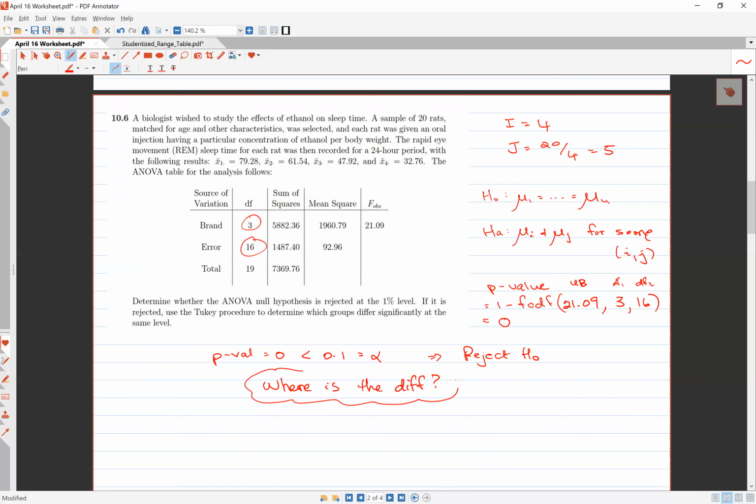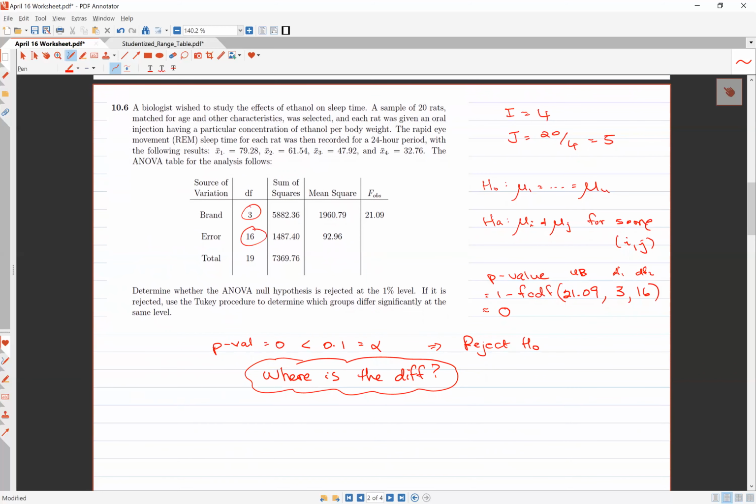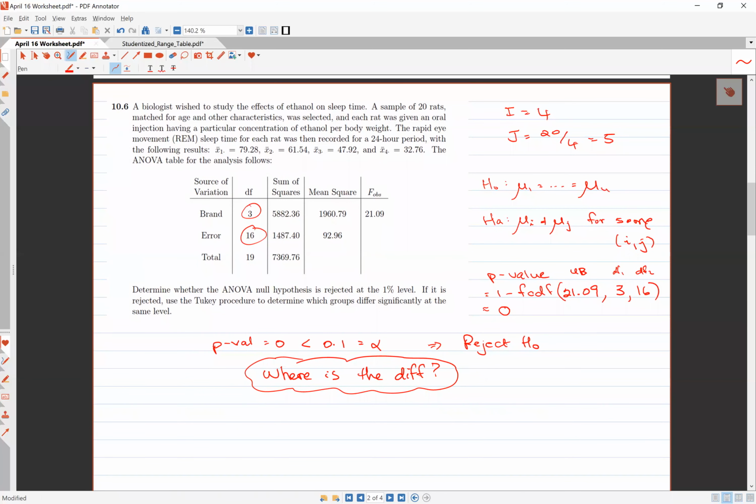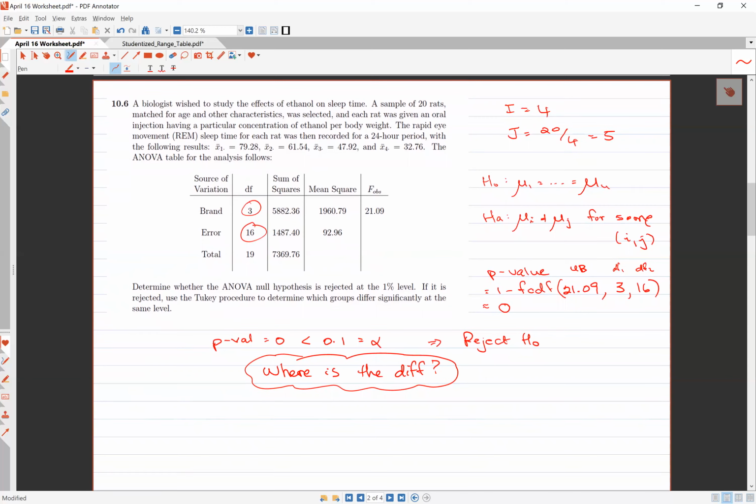But the ANOVA doesn't tell us where the difference is. We want to figure out which treatments in this case differ from one another potentially. So we're again going to order our means from smallest to largest.